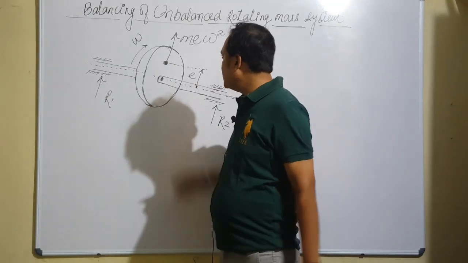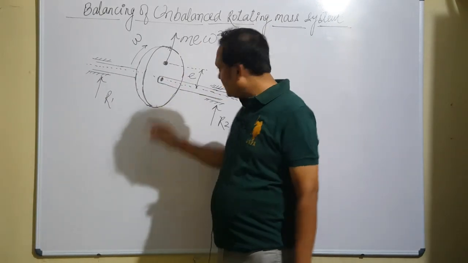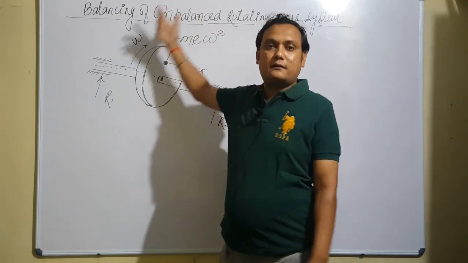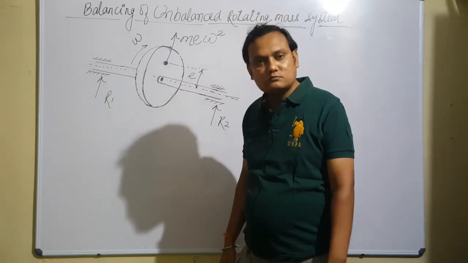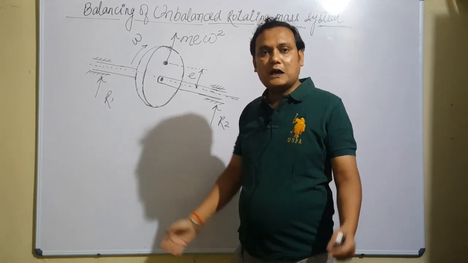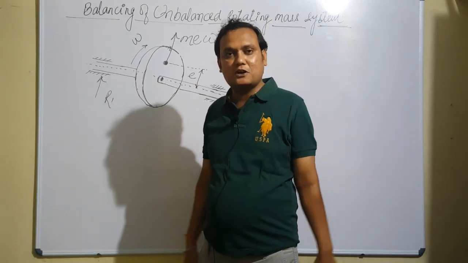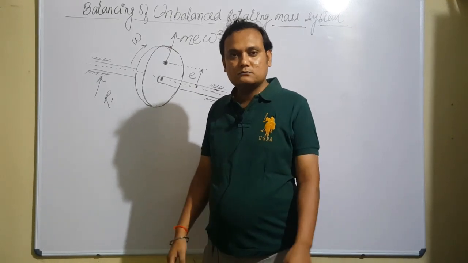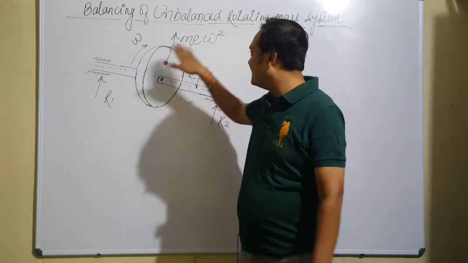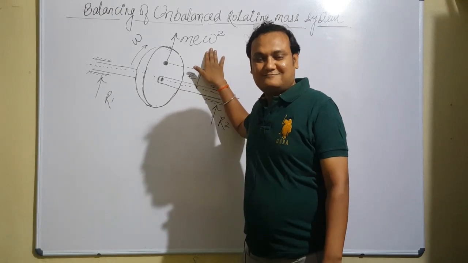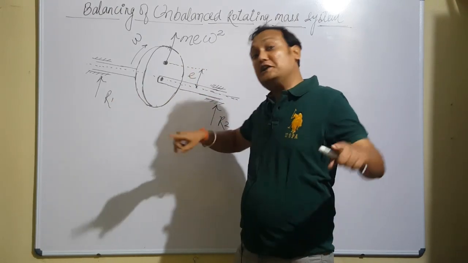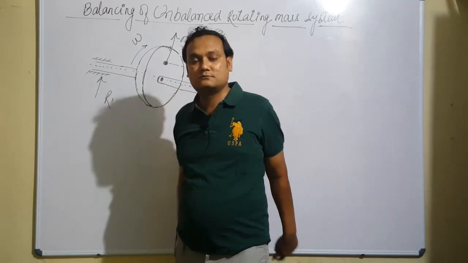Heavy system, mass is very high. Even with a small e, and then omega square, 3000 RPM rotation of the shaft of the turbine, 3000 RPM standard speed in India, and square of that, huge. And so the reactions are huge, and continuously changing in direction also.